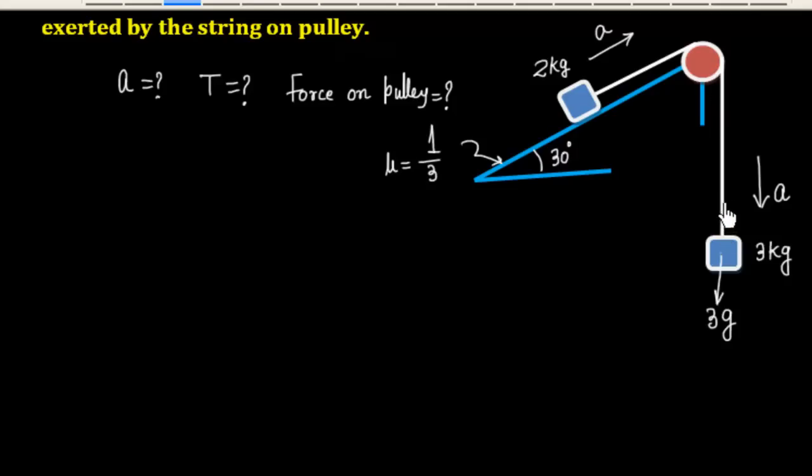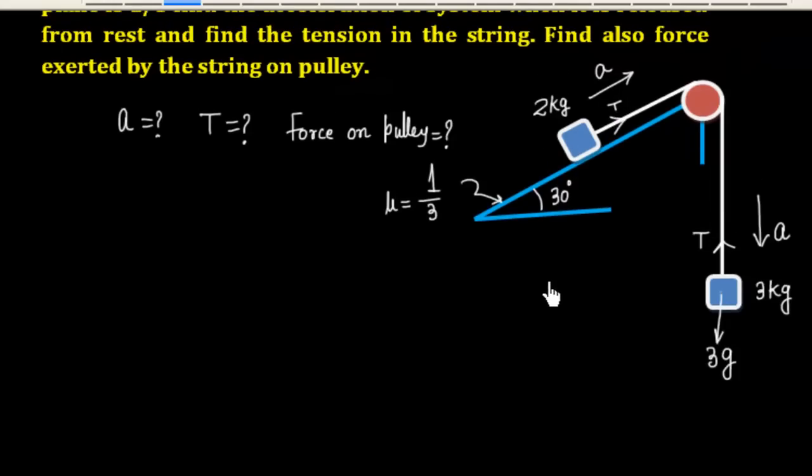Now in this string there is a tension that is upward, and in this string it is trying to pull, so tension is acting in this direction. For this mass we have another force mg, that is acting downward.